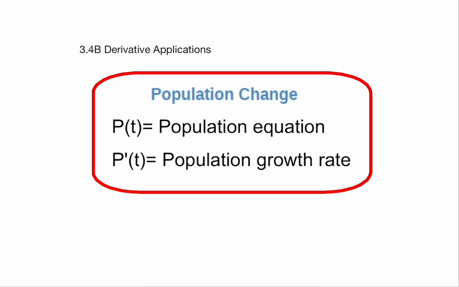So many times scientists that study any type of population behavior of big cities will use derivatives for that. When it comes to a biologist that is studying how a bacteria is growing or declining, or the virus that we experienced a few years ago, how that grows and declines, they would use derivatives.